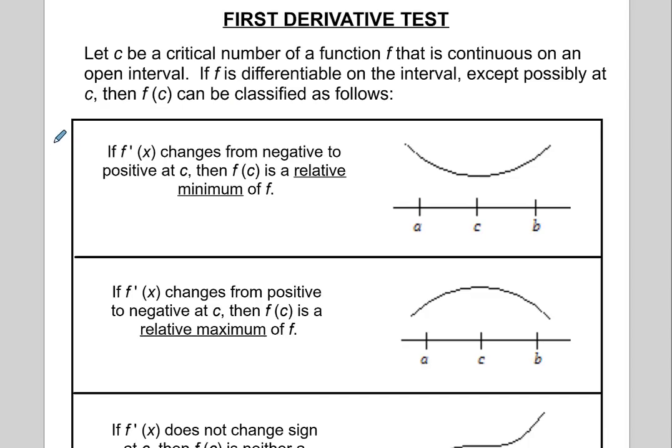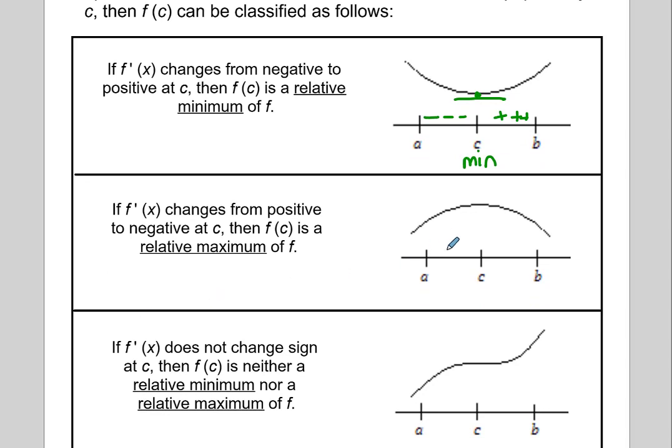So again, without spending a lot of time, we can go look at the practical side. If the derivative changes from negative to positive at that critical number, then C is a minimum, because at C the derivative is 0. If the derivative changes from positive to negative, then this is a maximum, where the derivative is 0, and the derivative changed from positive to negative.